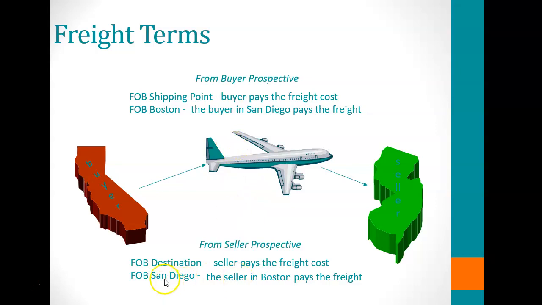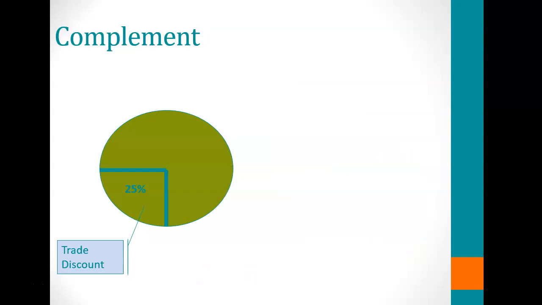Now, if the terms are FOB destination, it means the freight charges are free up until their final destination. Therefore, under FOB destination, the seller has to pay for the actual freight cost. So when you're purchasing an item, look at the freight terms. If it says FOB shipping point and you're the buyer, then you're paying the actual freight. If it's FOB destination, then the seller is paying the actual freight charges.